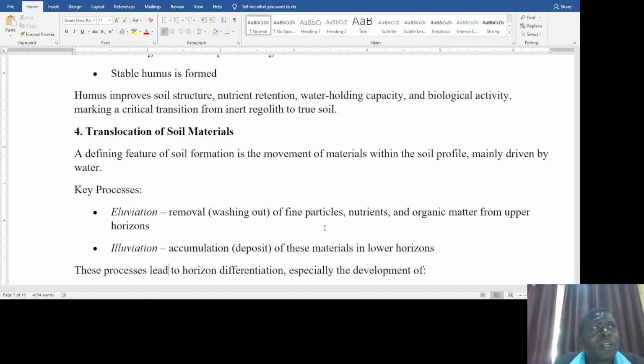So remember, when it rains, water normally percolates through the layers, and in the process it picks some organic matter and some minerals which are soluble into the lower layers, leading to the variation of the soil composition along the layers. The next process is eluviation, which is the opposite of illuviation.